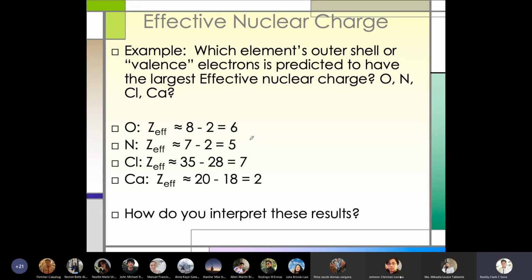All right. So the higher the value for your ZEF, the stronger their attraction. And the tendency is it will draw the electron cloud nearer to the nucleus, and that means you will have a smaller atom, smaller radius for the atom. All right, question?